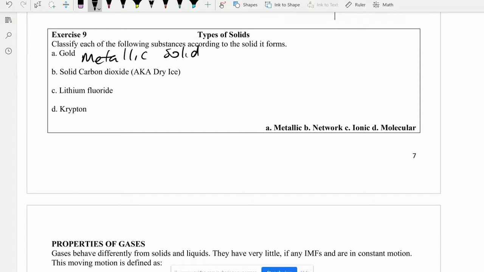Solid carbon dioxide, also known as dry ice. Well, this one is actually going to be a network solid. Lithium fluoride. Lithium's a metal. Fluoride is a nonmetal. Aha, that's going to be an ionic solid. And then it looks like krypton, a noble gas, which is nonmetal. And so I know it's going to be molecular in nature. Aha, that's by default the last option. So this would be our molecular solid.